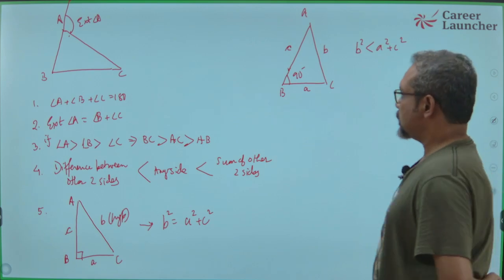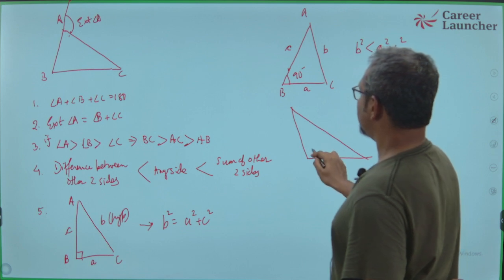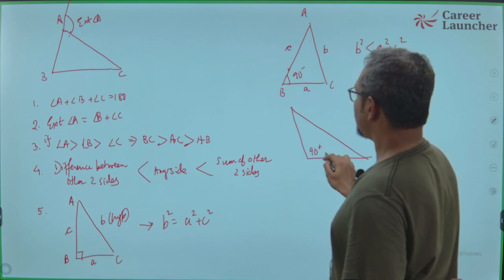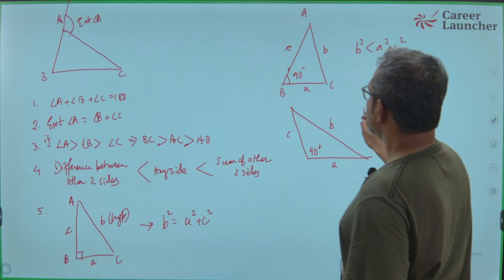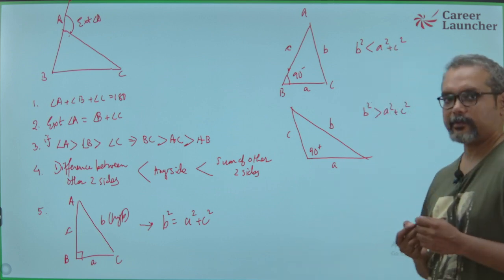And if the angle now becomes greater than 90 degrees, this angle, then B squared will become greater than A squared plus C squared.